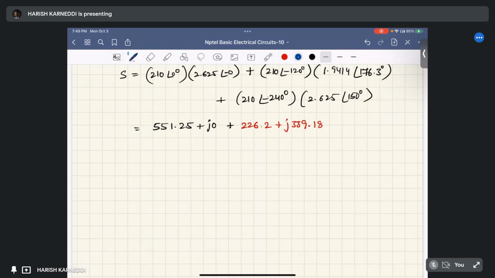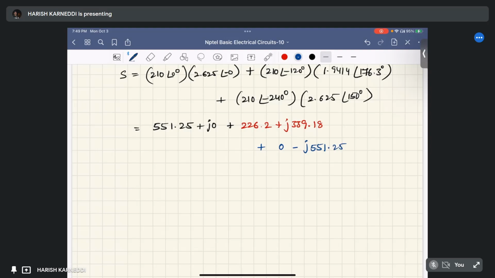It is 210 at an angle of minus 240 degrees times 2.625 at an angle of plus 150 degrees, right? Which equals 0 minus j551.25.